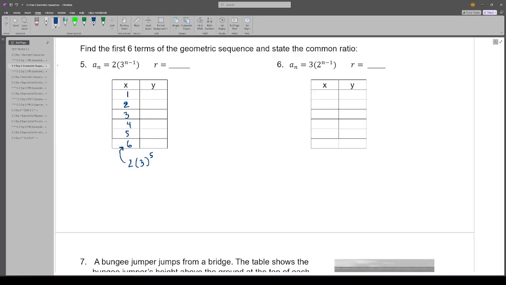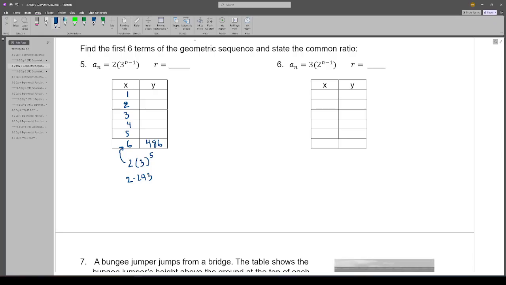That's 3, 9, 27, 81, 243. So we could do 2 times 243 and jump straight down to 486 as term number 6 if we needed to. That's the power of this formula, whereas doing it recursively the way we did in the earlier examples, we can only get to term number 6 if we go one by one through each of the others.